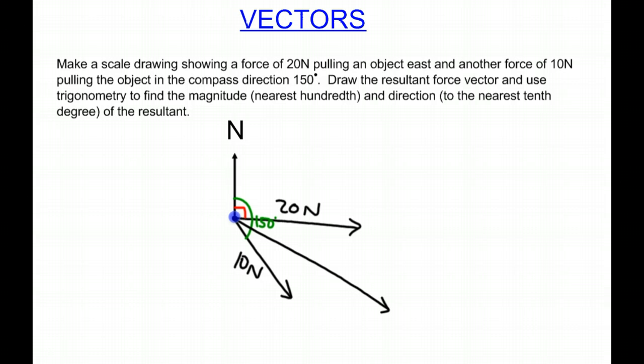Now we know that we can make a parallelogram with those sides. So this is going to be 20, and this is going to be 10. And then we can say, okay, if I know that this angle up here is 90 and that's 150, I know that this angle in here has to be 60.